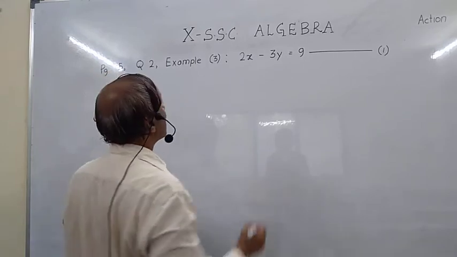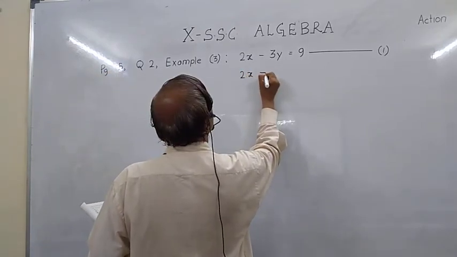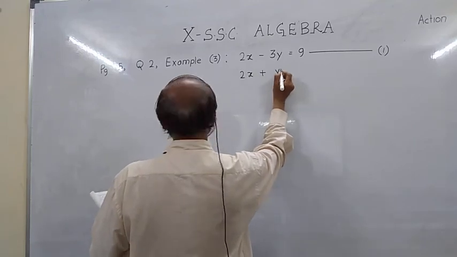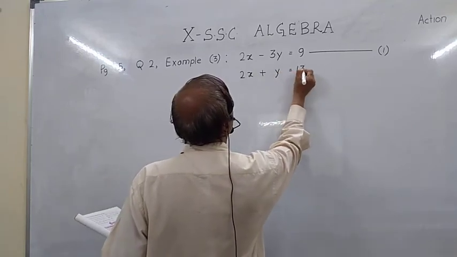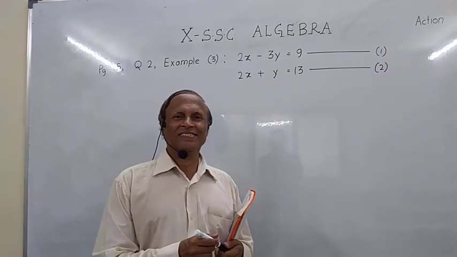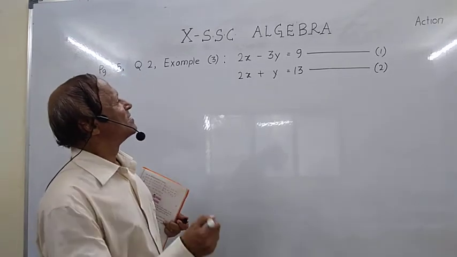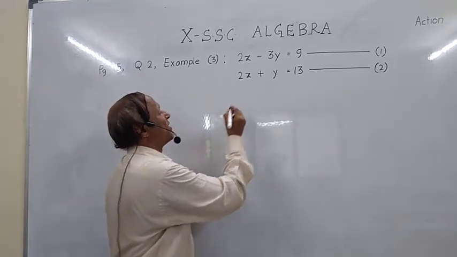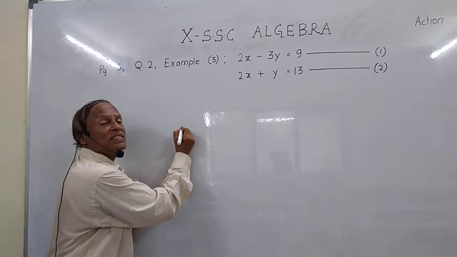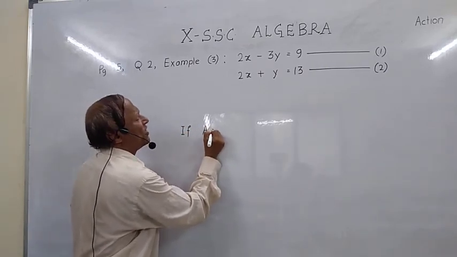Your second equation is 2x plus y is equal to 13. This is your equation 2. See here, our type second was if A is equal to D.